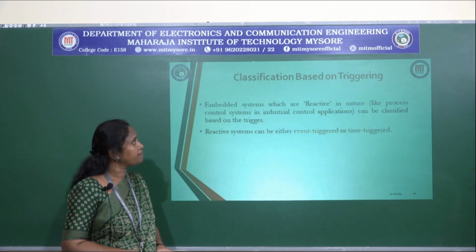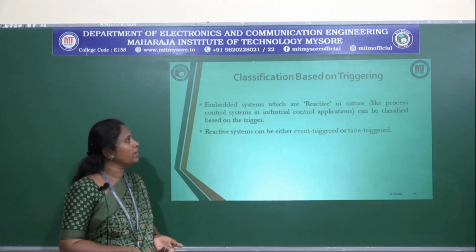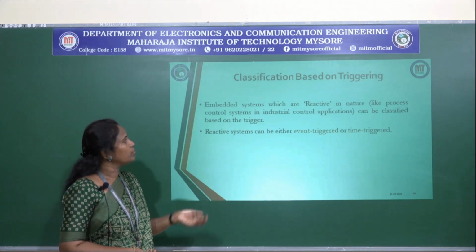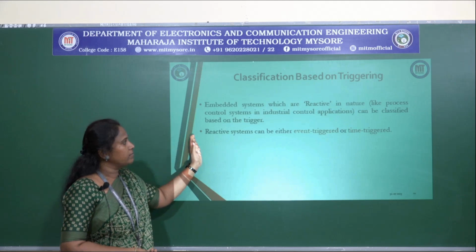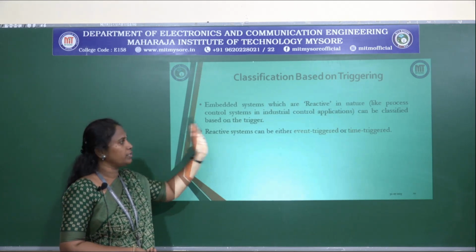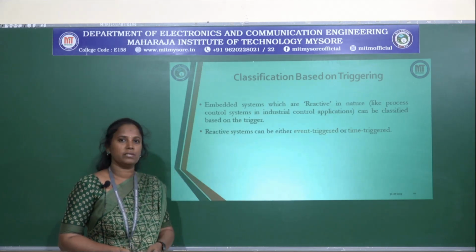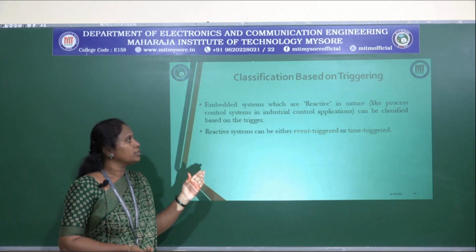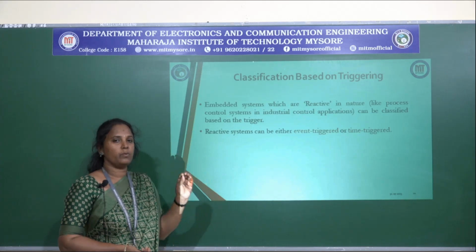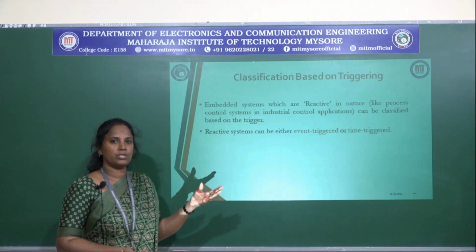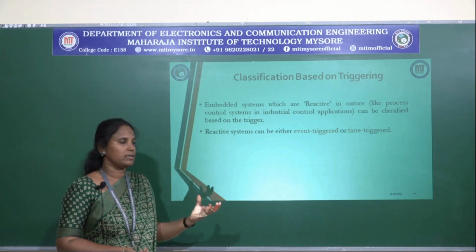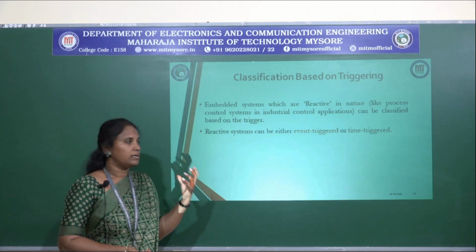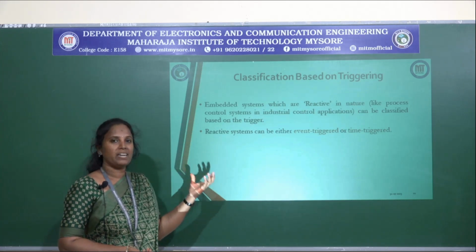Then based on triggering criteria, as we discussed, we have event triggered or time triggered systems. Triggering means the system is going to perform its action only when some event has occurred or when some deadline has passed.